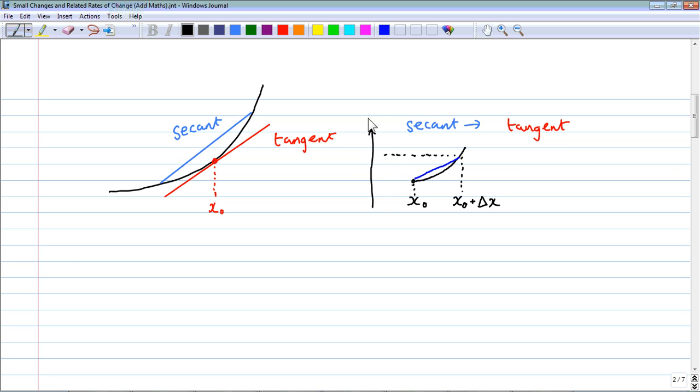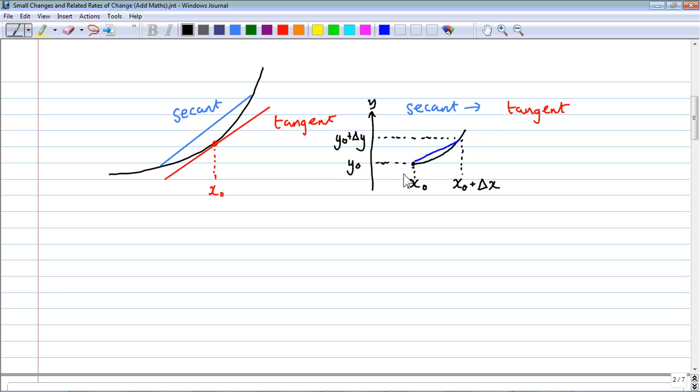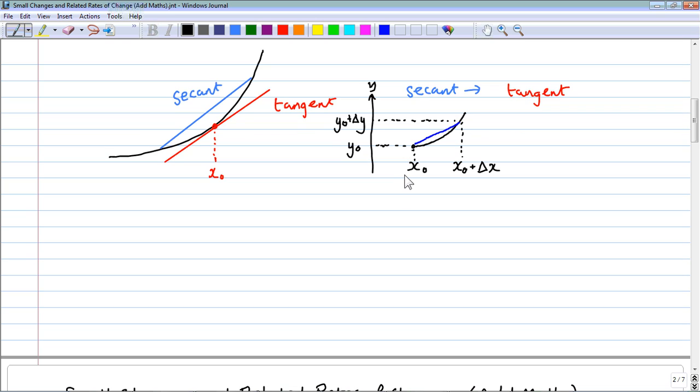Here's our y-axis. Here's our y0 and our y0 plus delta y. We can make a simple equation relating delta y and delta x. Delta y is this quantity here, and delta x is this horizontal distance here.